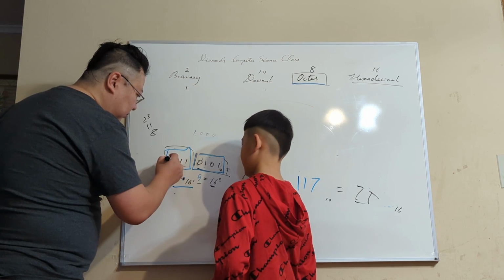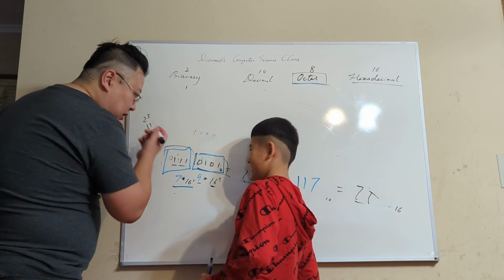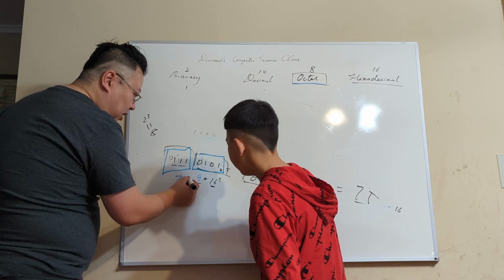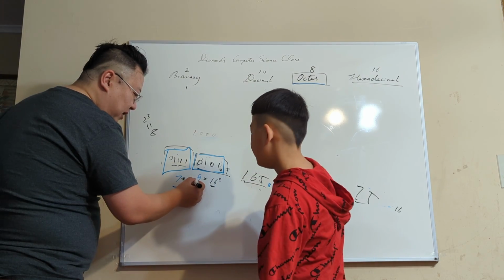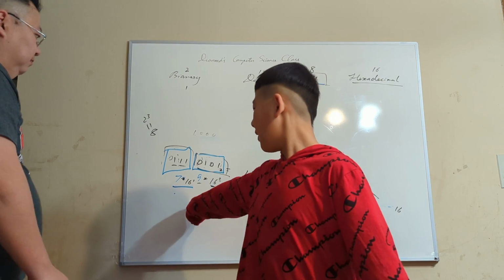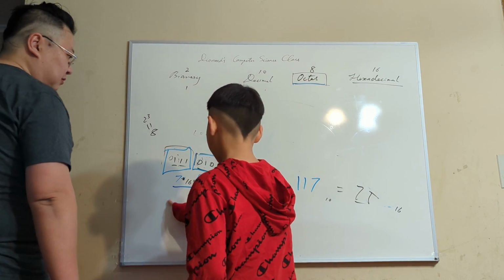These 4 digits are based upon the base of 16 to the power of 1. You can calculate.